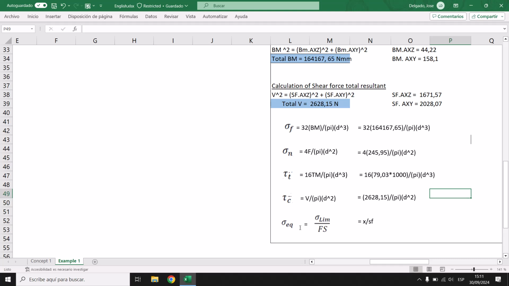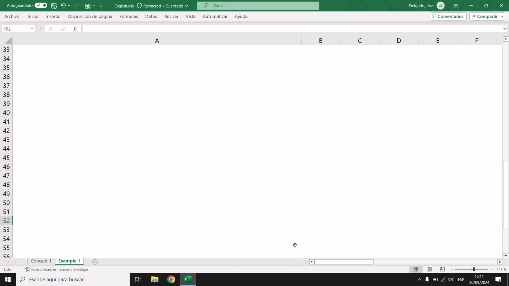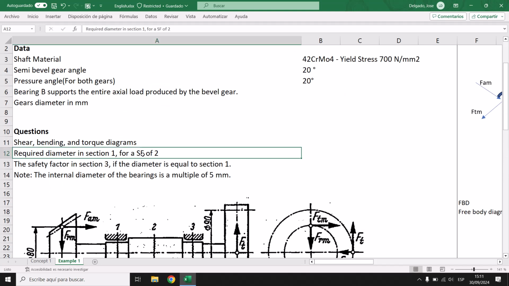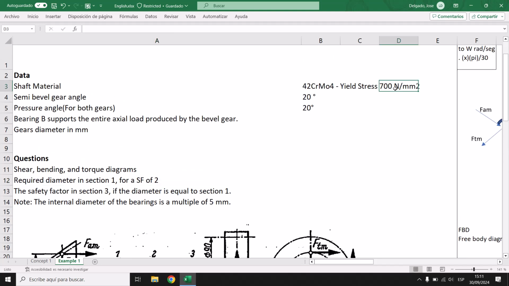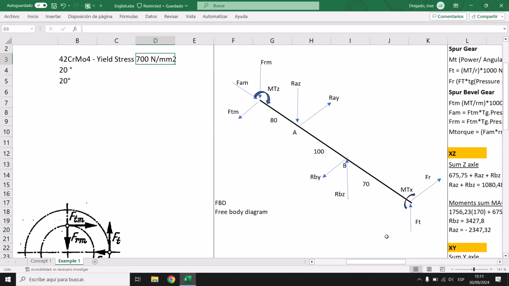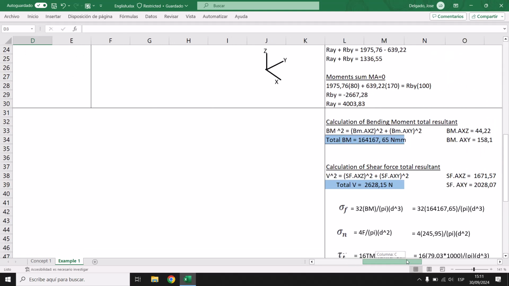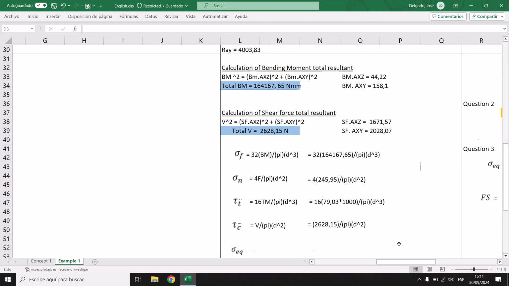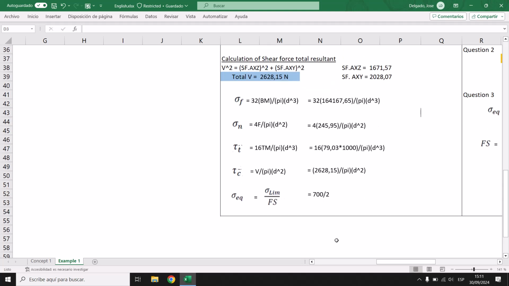Now for the equivalent stress, we want our yield stress. Remember the data of 700, and they are asking us for a safety factor of 2. This is the data of the yield stress for ductile materials. So now we should calculate.